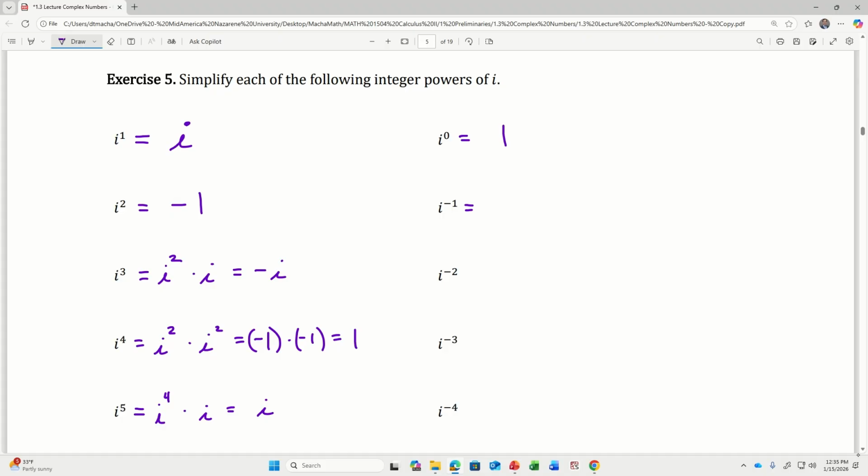What about i to the negative 1 power? What do you think that's going to be? Yeah, the negative makes it like a reciprocal, so it'd be 1 divided by i. That's true.